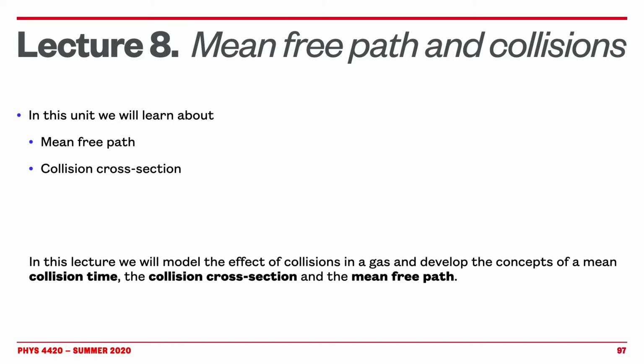So that's what we are going to do, and we will actually be able to connect a number of properties with observed properties. So what we are going to spend time talking about is the mean free path. I will provide a definition of what the mean free path is in a second, and also the collision cross section. So let's try to see what's happening.